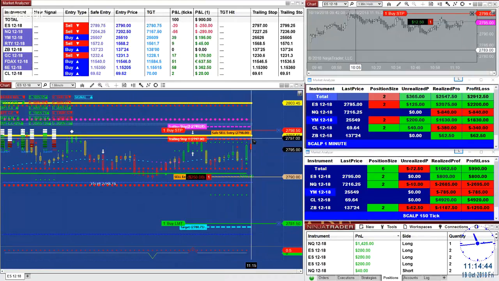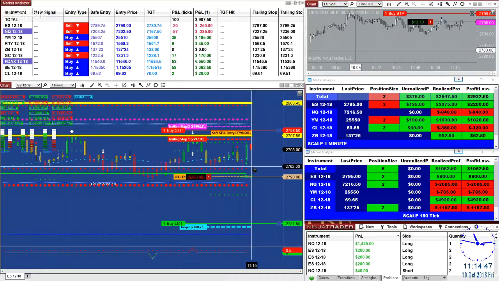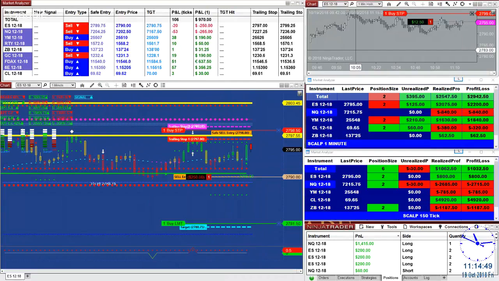Now you know yourself where the support line is. The support line is at the 92 level. So you can exit at the 92 level if you are following that trade. You're very welcome.